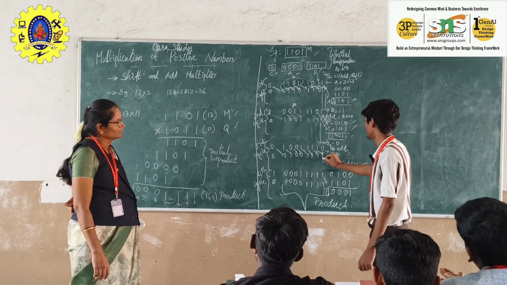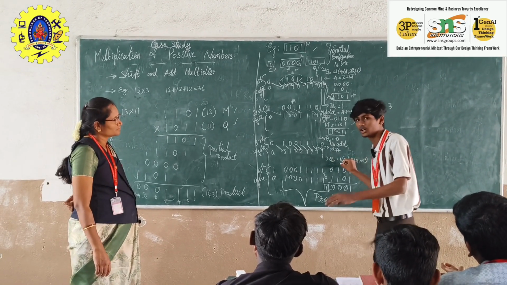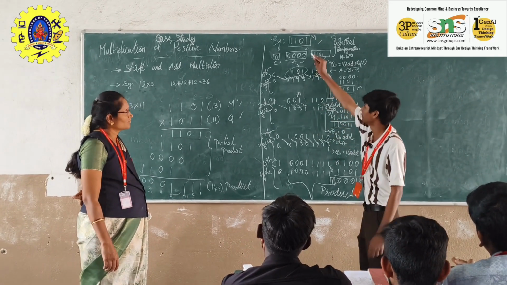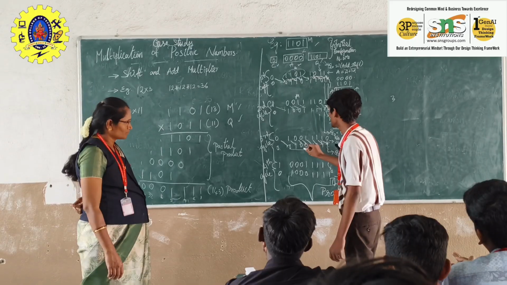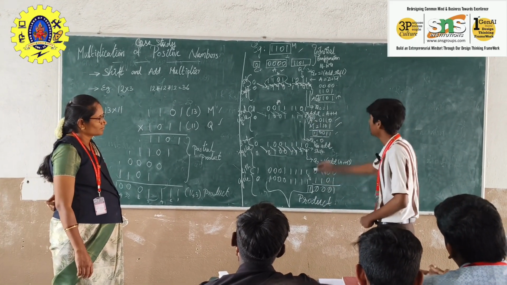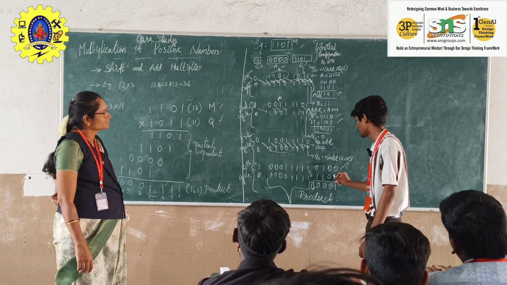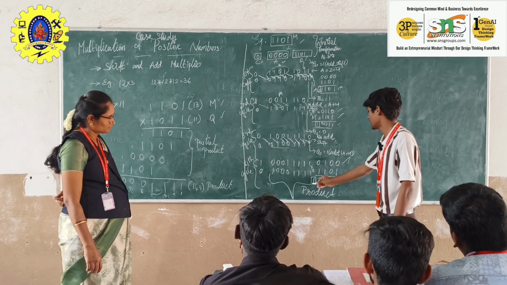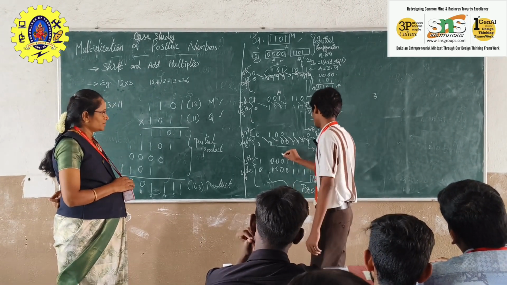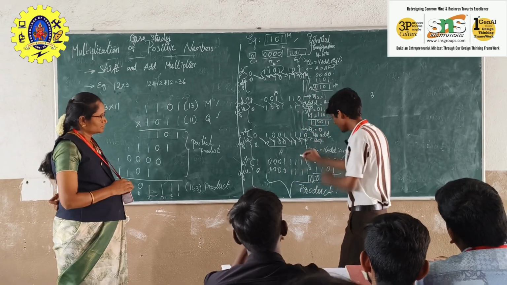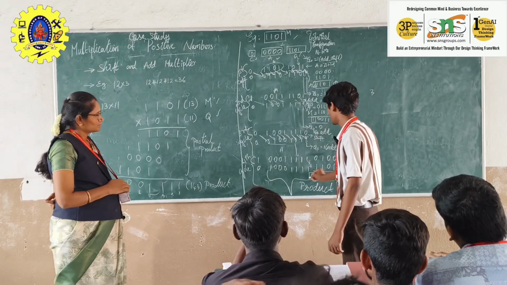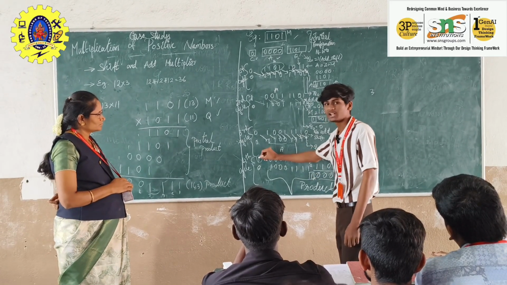After that, we check whether Q naught is equal to 1. The value is 1, so we add A and M. The A value here is 0, 1, 0, 0, and the M value is 1, 1, 0, 1. After adding, we get carry and A. We update A, and take the same value as Q. We place the carry, 1, in the carry position.